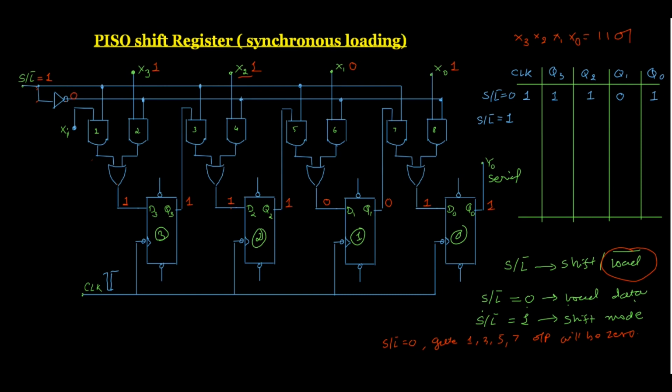So this will be 0, 0, 0 and 0. As a result, the output of all these AND gates is going to be 0. So remember, when SL bar is equal to 1, then the outputs of gate number 2, 4, 6 and 8 will be 0.